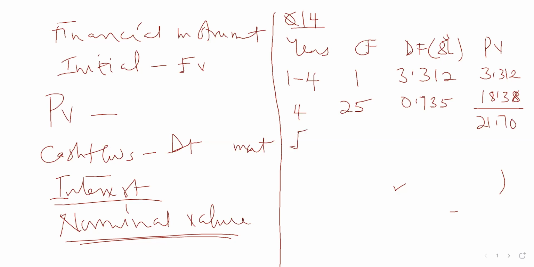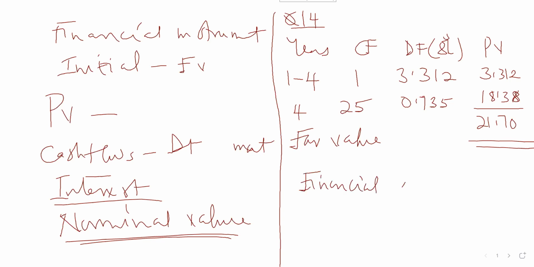So this is the fair value. In actual sense, this is the value of the loan that we are given. In our books, this will be the value of the loan. But how much did we give to those people? 25 million. So what will happen is that we are going to have a financial asset.